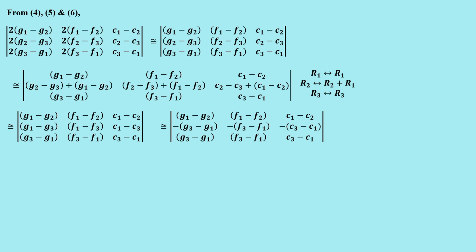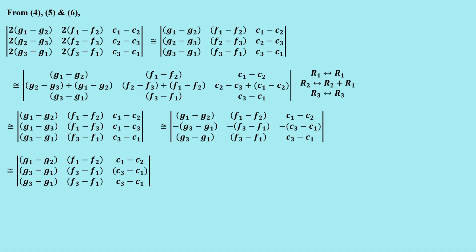Otherwise, if you take the minus outside, then you need one more step. So it is better to multiply the second row with minus 1, then you will get the last step immediately. The third row is as it is, g3 minus g1, f3 minus f1, c3 minus c1.